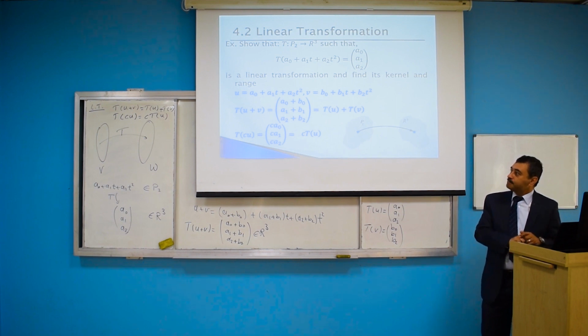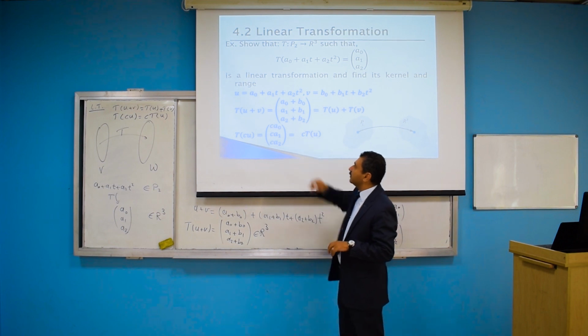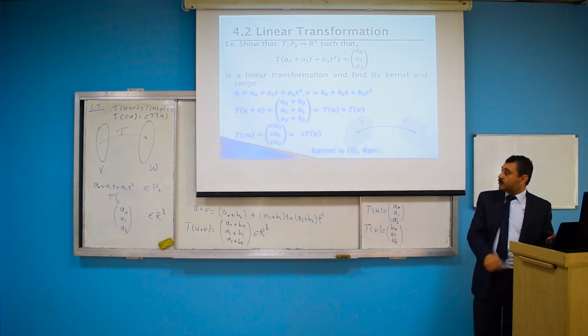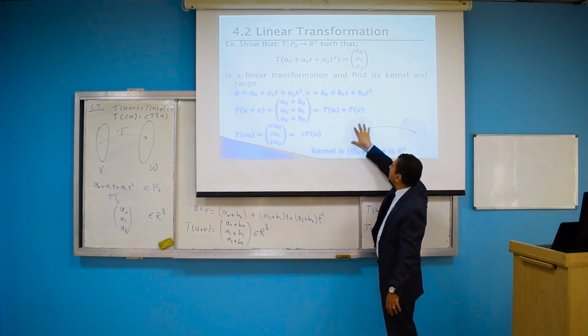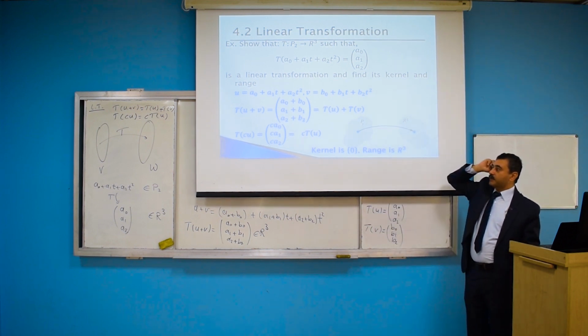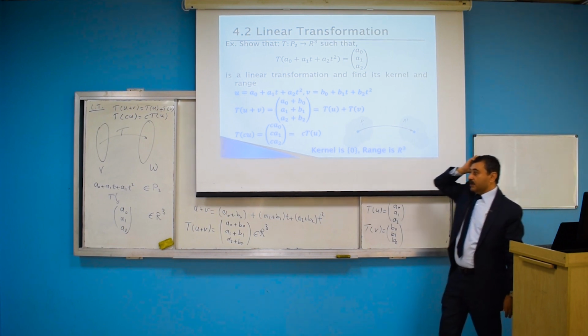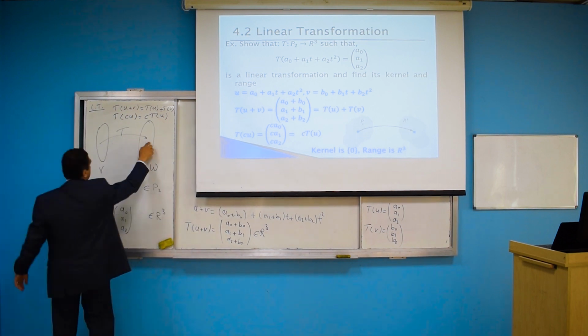This is transformation of Cu, which is equivalent to C transformation of U. So actually what we did here is to map any polynomial in P2 into a vector in R3. If you look at the kernel and range for this transformation, we ask which vectors here are mapped to the zero vector.